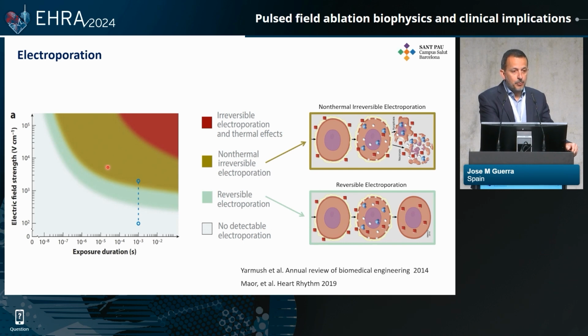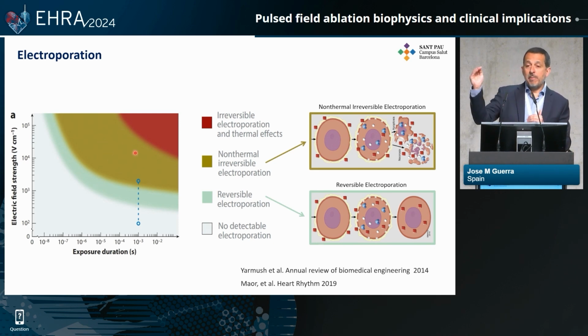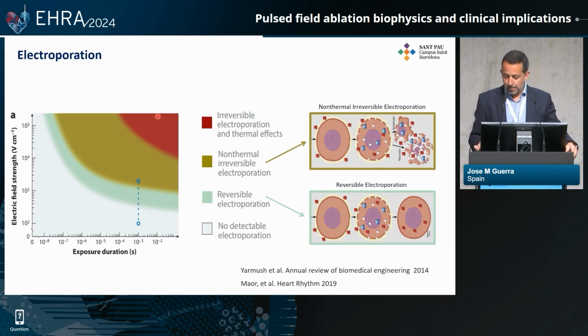If our pores are bigger, our cell gets electroporated and dies: first reversible, and then irreversible. If you increase power intensity, or you increase duration, you go into the red area. That's where you produce heat, and that's the area where we don't want to be.